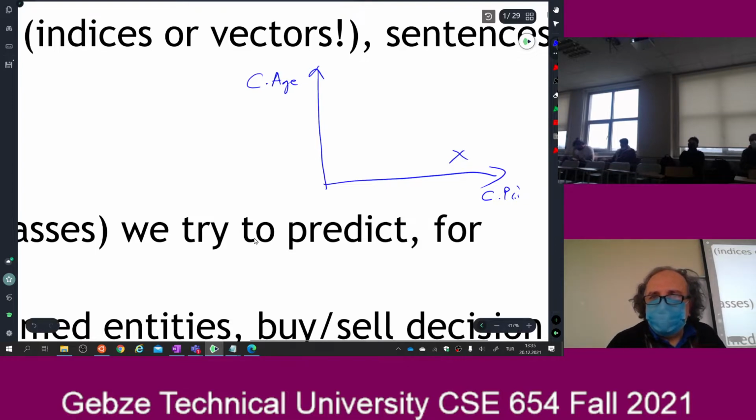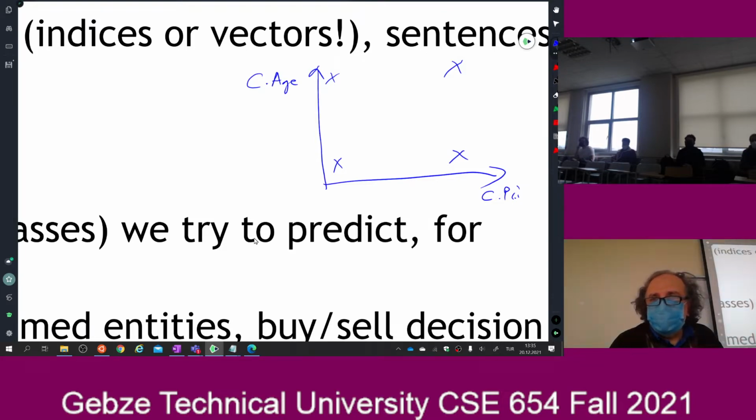How about this one? Would this sell? No, because it is both old and expensive. How about this one? Would this sell? Yes, probably it will, right? And how about this one? That will definitely sell, right?